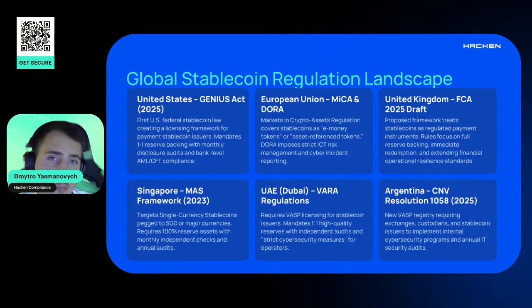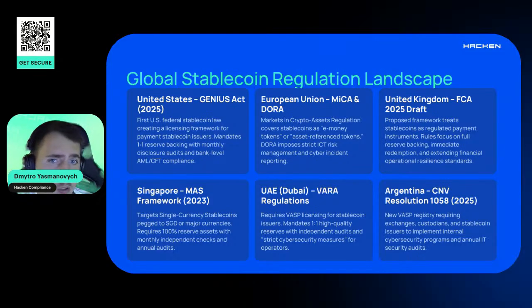For Europe, it is MiCA and DORA, which are very famous nowadays. We have a lot of different implementations and recommendations on how to achieve compliance with the MiCA and DORA cybersecurity requirements. MiCA is the Markets in Crypto-Assets regulation.